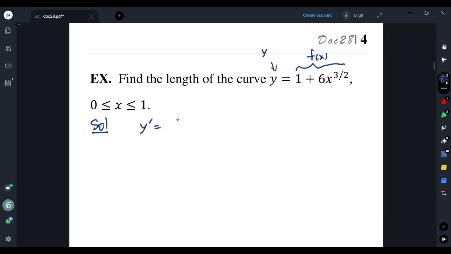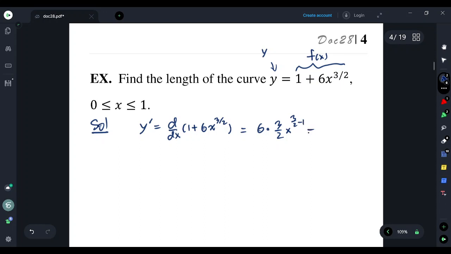So y prime is d by dx of 1 plus 6 times x to the 3 over 2, and then we differentiate. 1 is constant, so d by dx is 0, and d by dx of 6 times x to the power 3 over 2 is 6 times 3 over 2 x to the 3 over 2 minus 1, which is equal to 9x to the 1/2, right?